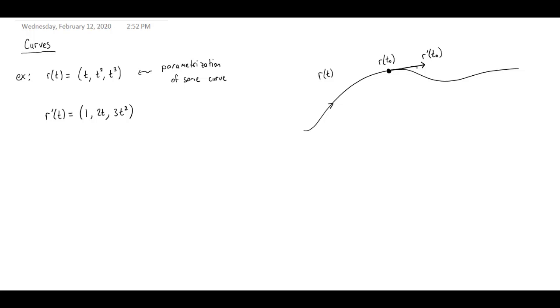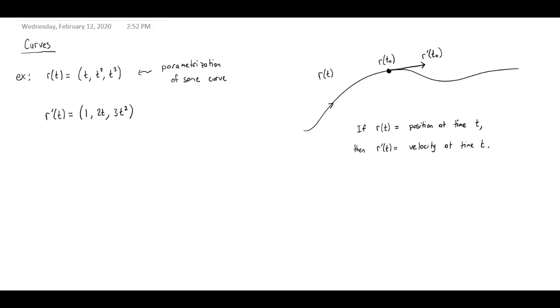Now, if we are thinking of r of t as representing the position of something at time t, then we could think of the derivative as representing the velocity vector, or just the velocity at time t.